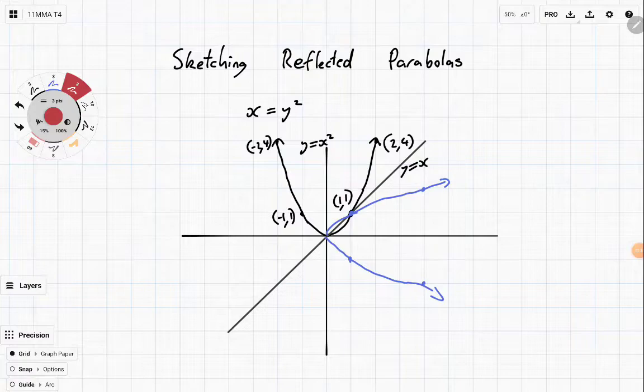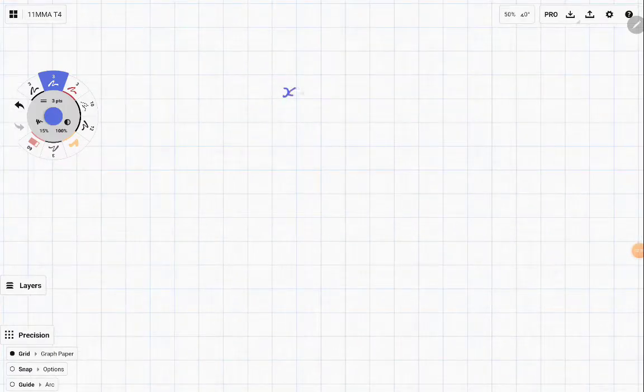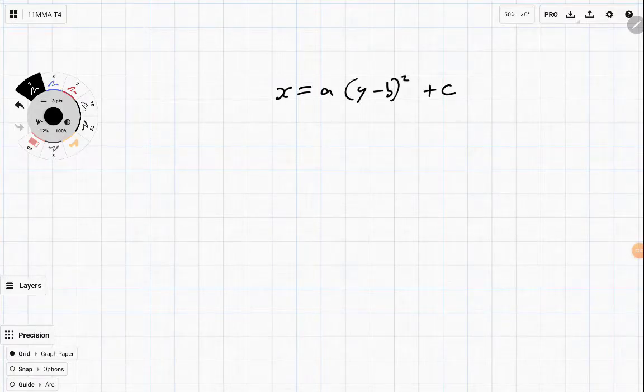So we basically have this function here, x equals y squared. But we can translate it in a very similar way as we can translate many other things. So let's write it in what we might consider turning point form. x is equal to a(y minus b) squared plus c.